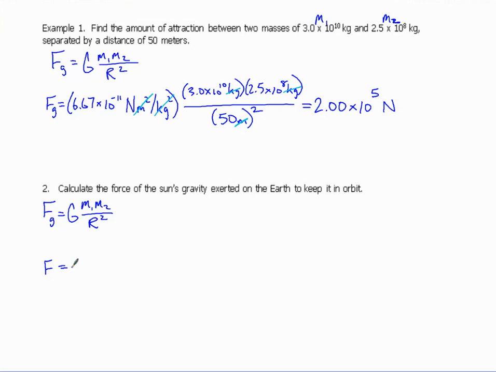Force equals, say here's G, here is, so let's see, the mass of the Earth, 6 times 10 to the 24th kilograms.